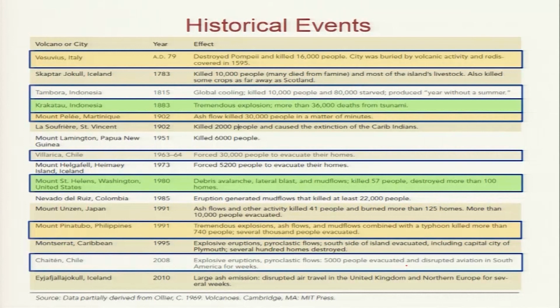Now what we see from these events is that slowly we are getting into the process of evacuation. In the starting, if you see the 79 AD event, people were killed, people were not able to understand the phenomena, but later, in most of the eruptions, people were warned and asked to evacuate the locations.